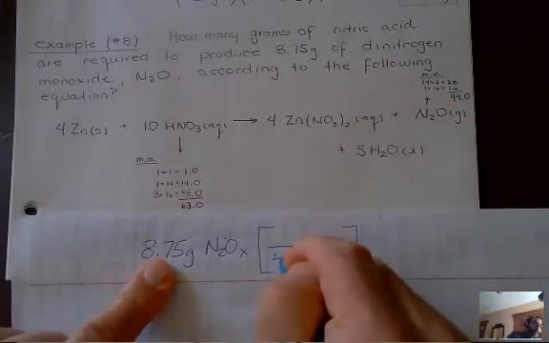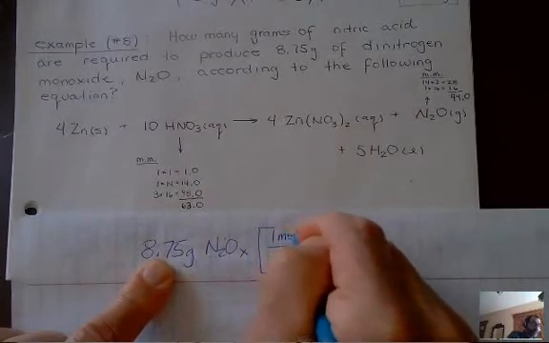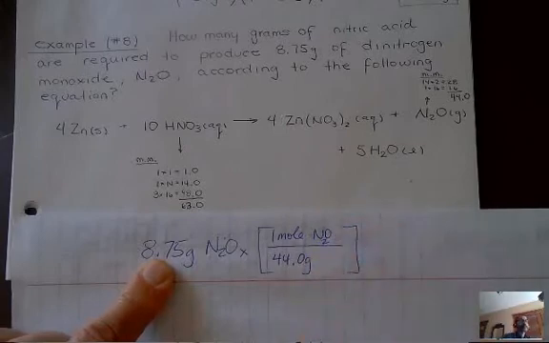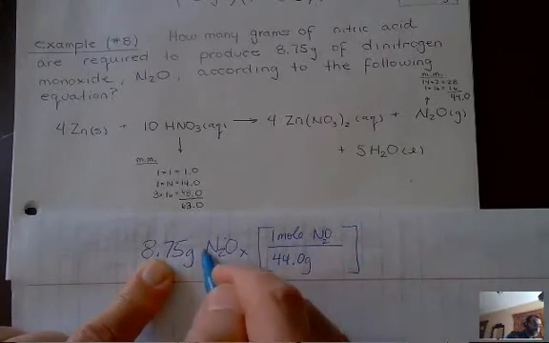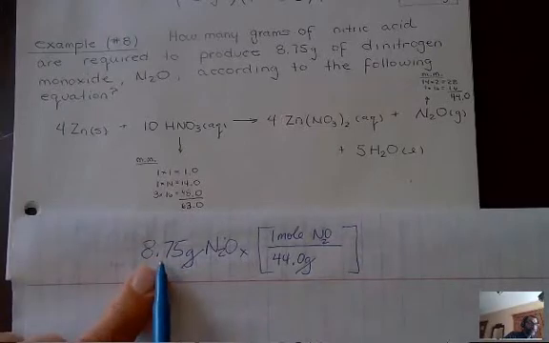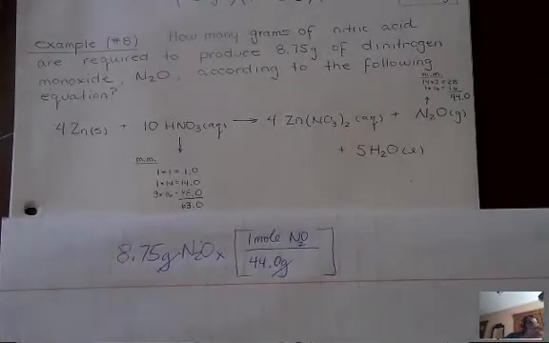And I always divide by it. 44 grams make 1 mole for that substance, N2O. Goodbye grams. Grams was in the denominator to cancel out. If I would take my 8.75 divided by 44, I'd get the moles of N2O, dinitrogen oxide. Okay, right now I'm in moles of dinitrogen oxide.